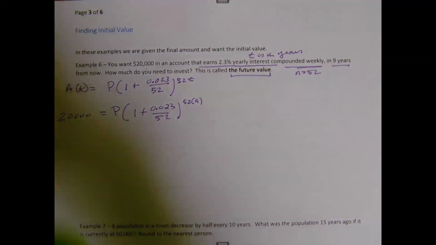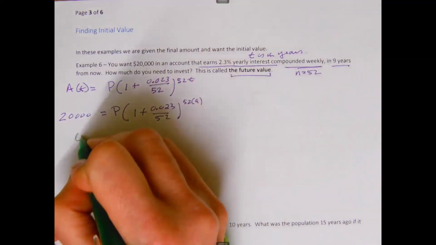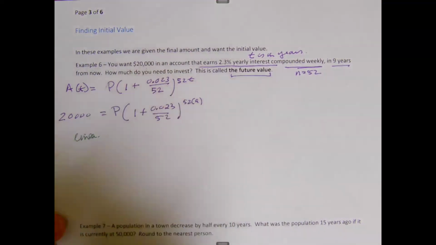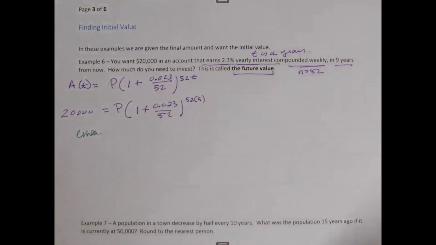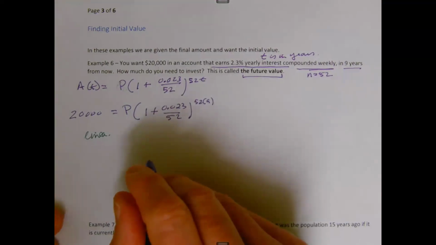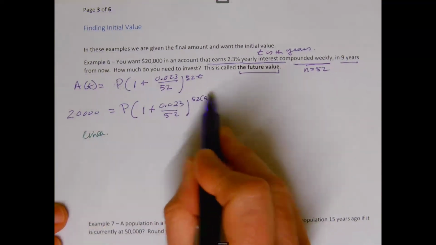So what kind of equation is this? This is just linear. That's all. Wow, that's pretty simple, right? So how do I solve this? Well, I'm going to divide both sides by this constant.